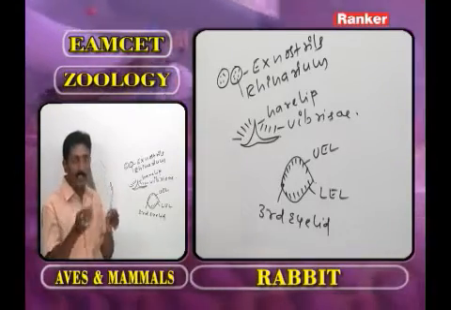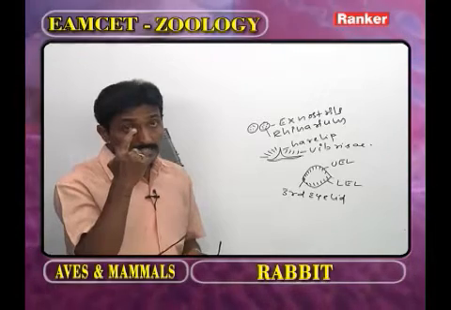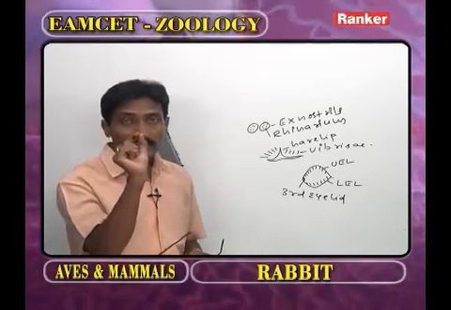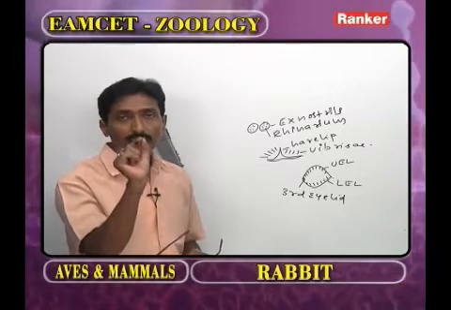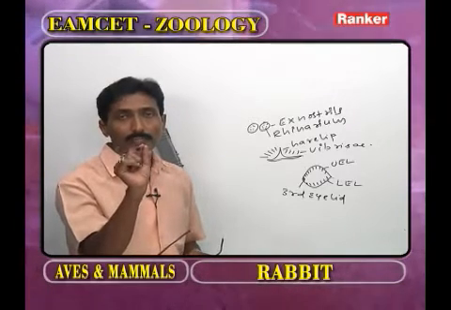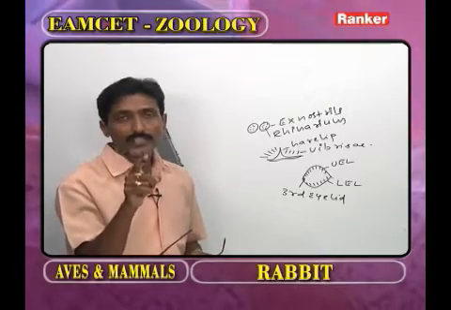Now as we observe the third eyelid in our body, at the anterior corner of eye, a fleshy lobe is present, that we call it as the third eyelid or nictitating membrane. In our body, the third eyelid is vestigial.